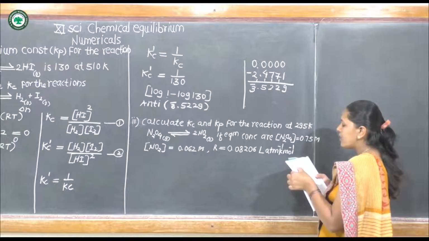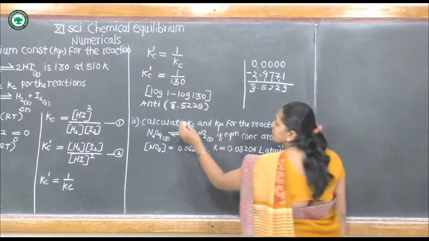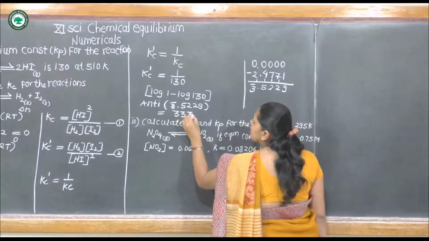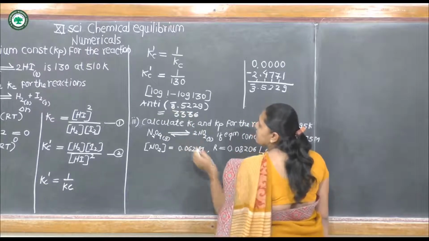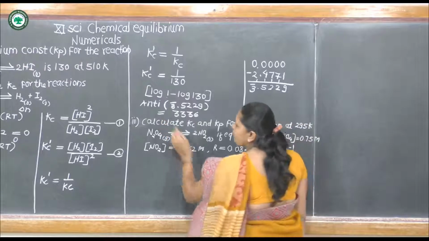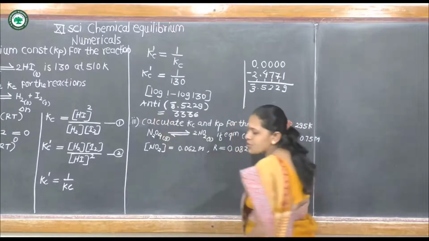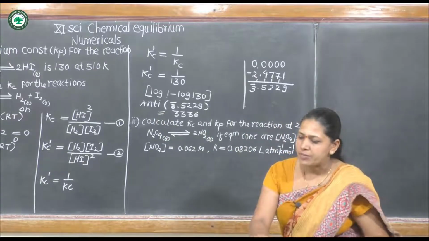33, 36, and this is bar 3. Therefore, our answer is 0.003.